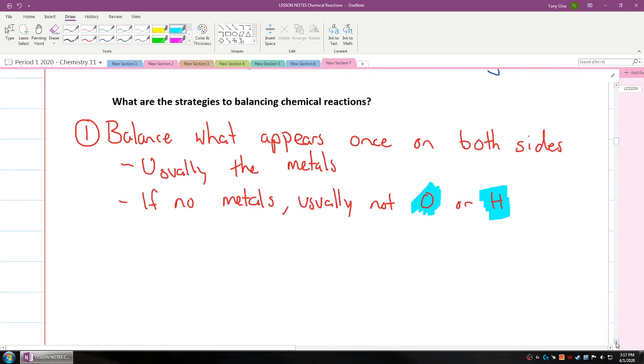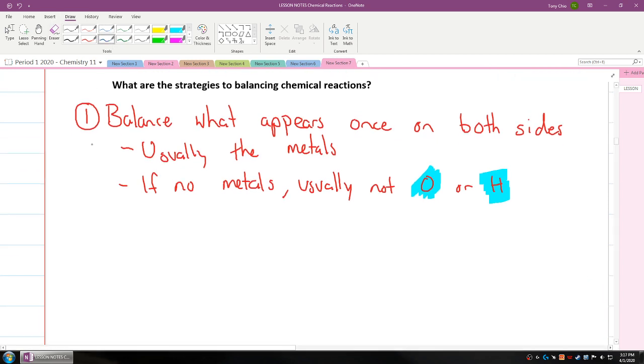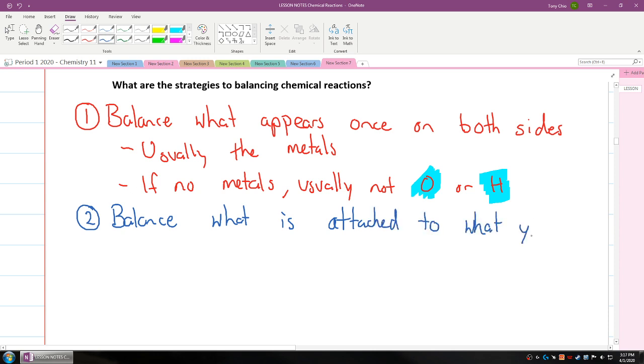Now, what's step 2? Well, you just balanced, for example, your metal. You now want to balance what is attached to that metal, what is attached to what you balanced in step 1.